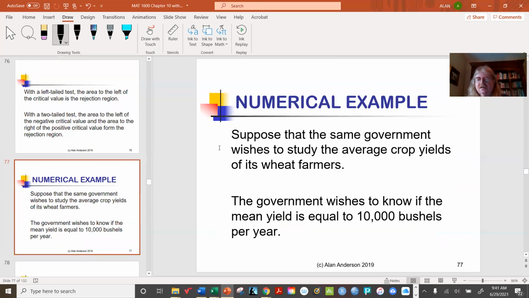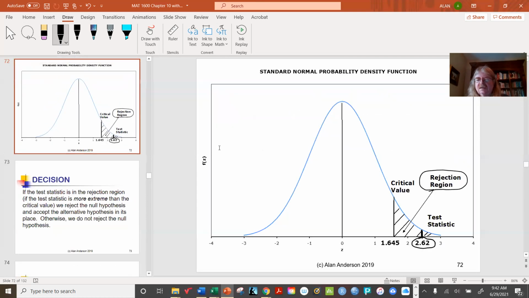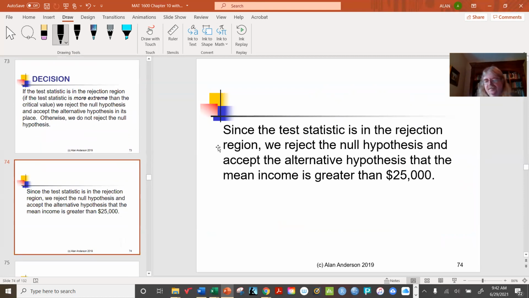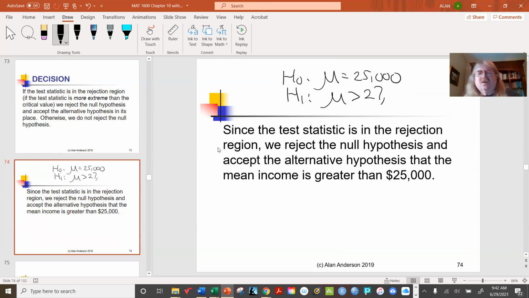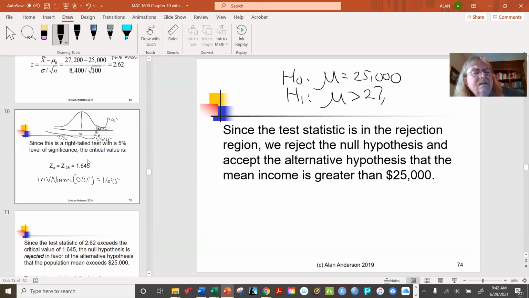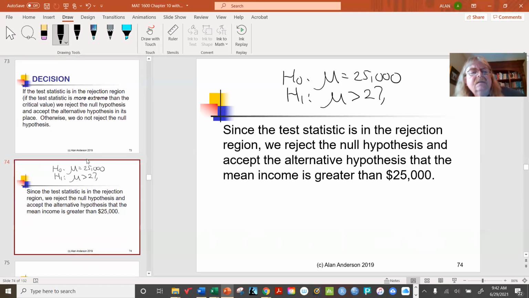So in other words, if you go back and revisit the null hypothesis, the sample mean was quite a bit higher than 25,000. What was it, 27,200? Yes.